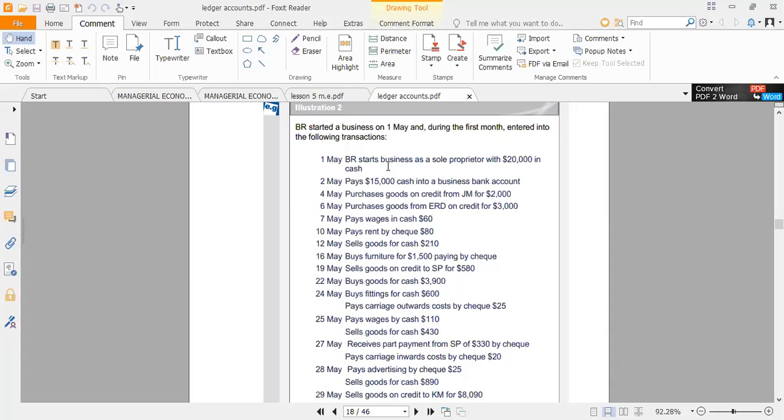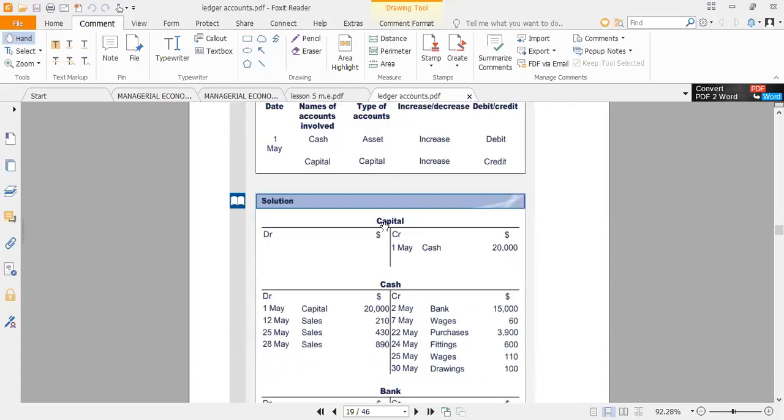Cash is a current asset. We're going to debit it. So on the capital, we're going to put 20,000 on May 1. On cash, we're going to put the name capital as 20,000. So this fulfills the duality concept here. For every credit entry, there should be a corresponding debit entry. So this is on May 1.